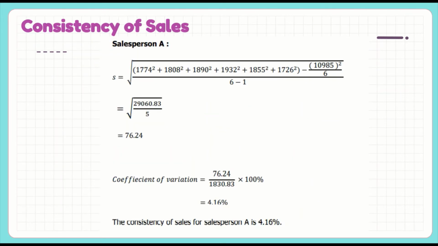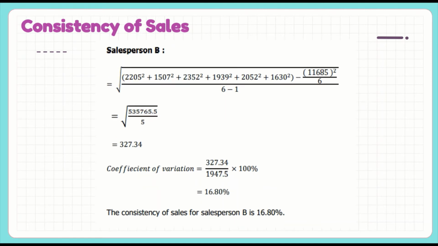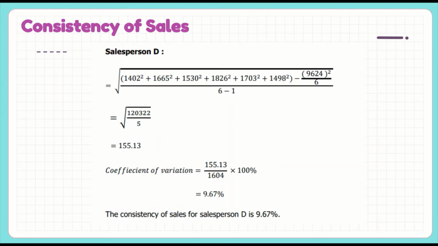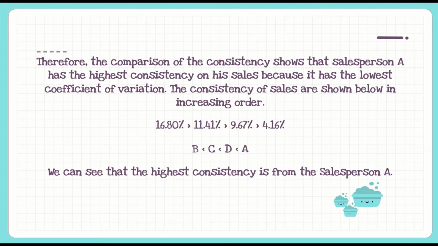So you can see here the coefficient of variation for salesperson A is 4.16%. For salesperson B it is 16.80%. For salesperson C it is 11.41%, and salesperson D is 9.67%.